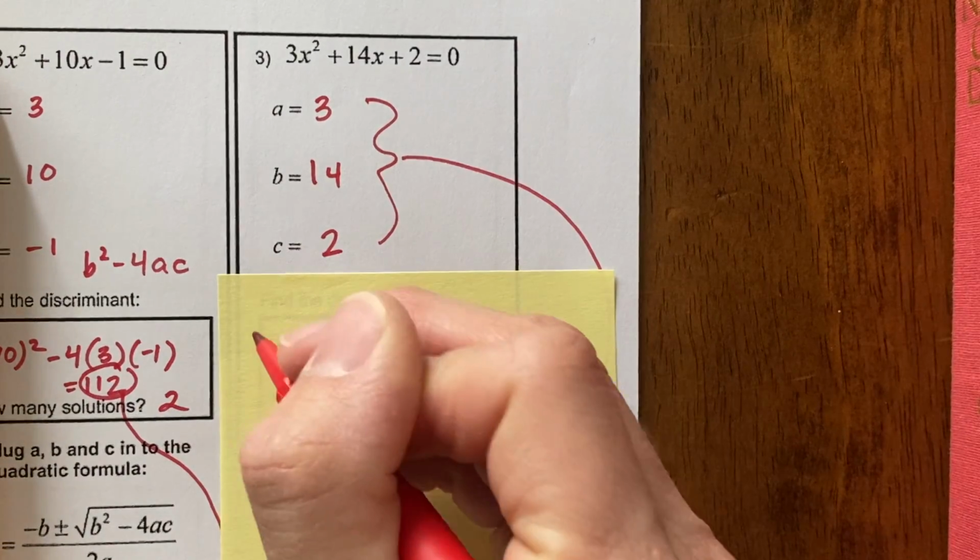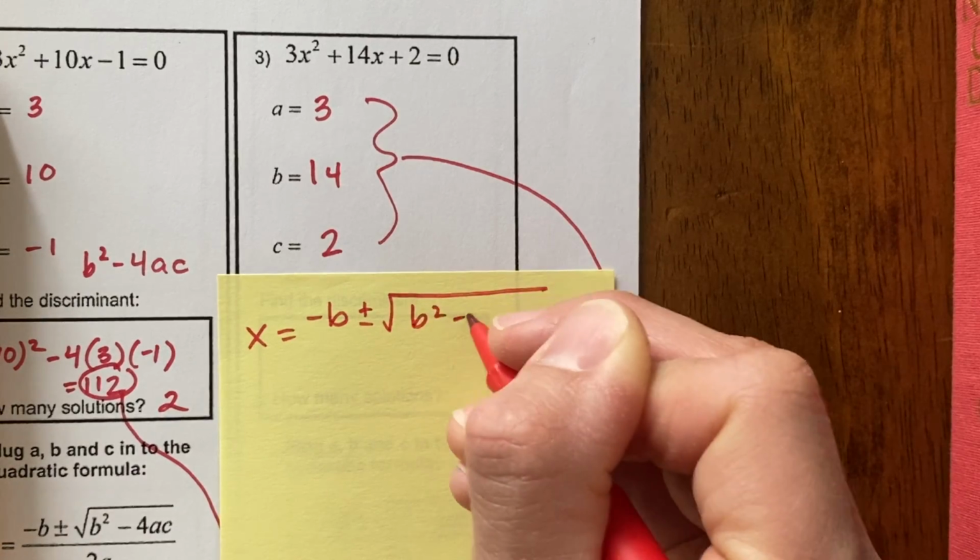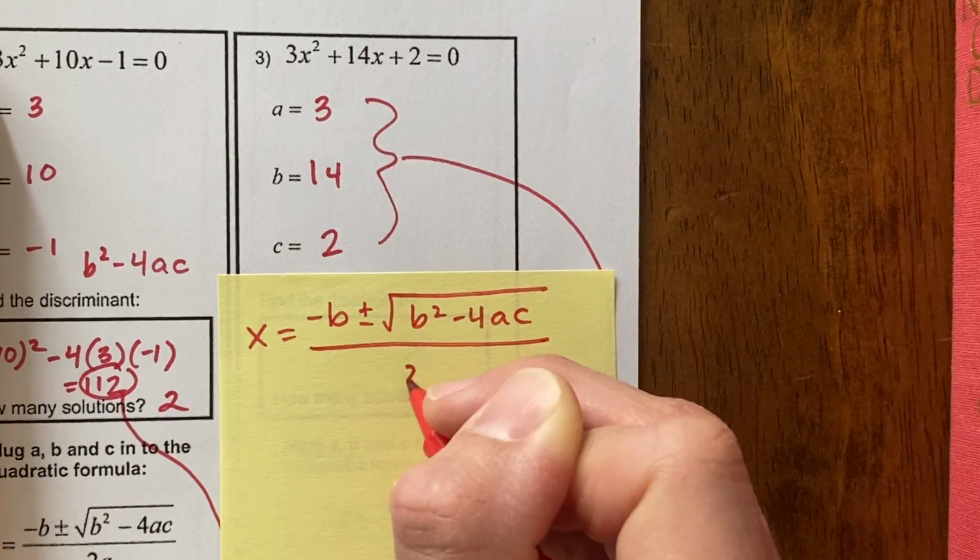All right, so my formula is x equals the opposite of b plus or minus the square root of b squared minus 4ac over 2a.